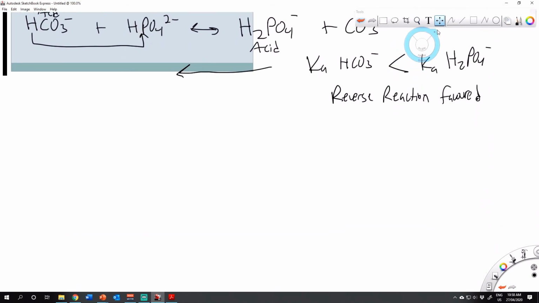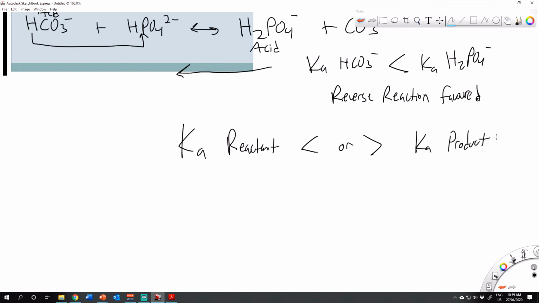To recap, it really just comes down to whether the Ka of the reactant acid is smaller or bigger than the Ka of the product acid. That's how you can tell which acid is going to be stronger. Just simply compare Ka values. Because remember, Ka is an equilibrium, and it tells you how much the forward reaction is favored or how much the reverse reaction is favored.